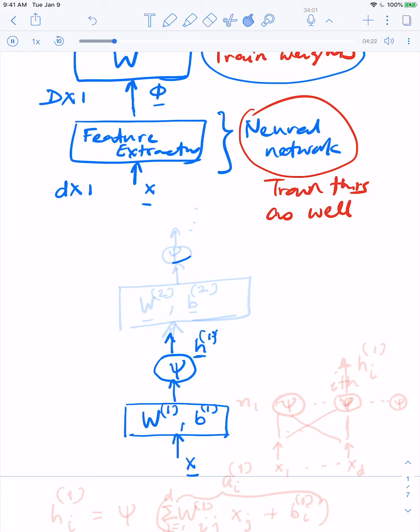The input can be thought of, okay, so I'm going to keep it that way. And then the next layer will look exactly the same. The dimensions can be different for all these quantities. There's the weights, the biases, and then out comes that, again going through a nonlinearity, and so on.